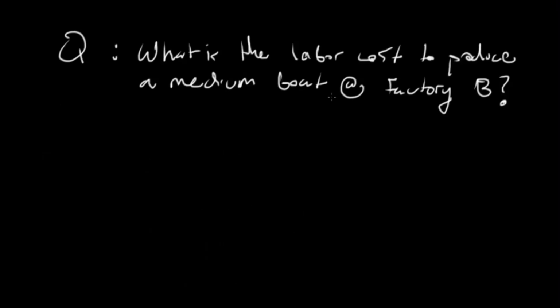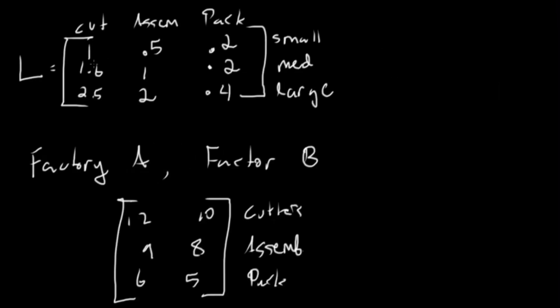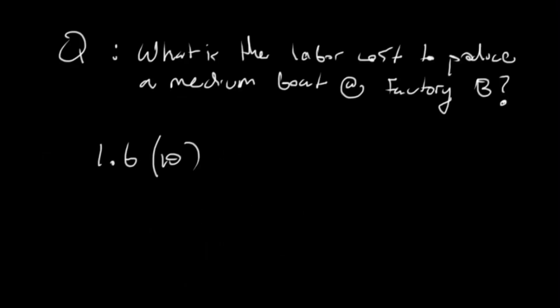So that's going to be 1.6 hours times the $10 they're getting paid. All right, cool. Once it's been cut, it then gets passed to assembly. It takes 1 hour to assemble at a rate of $8 per hour.